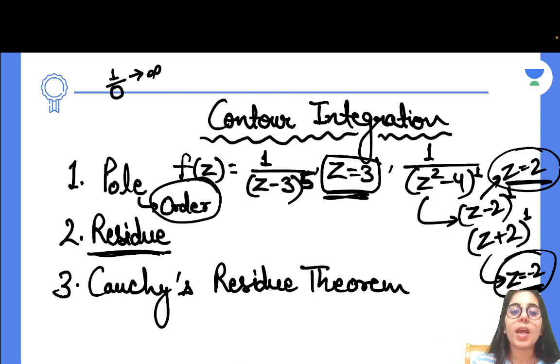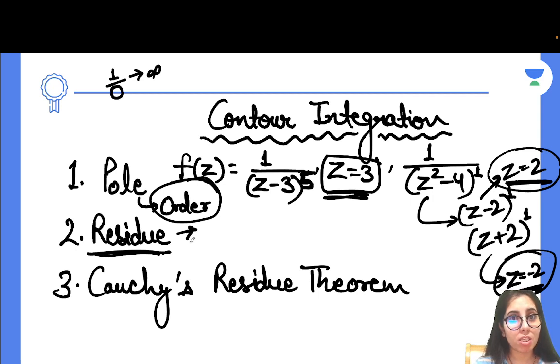Next step, that's the residue. There are different formulae to find the residue for different order poles. For an order 1 pole, we will have a different set of formulae. For an order n pole, where n is greater than 1, so let's say order 2, order 3, order 4, order 5, order 6, anything greater than order 1, you will have to use a different formula.